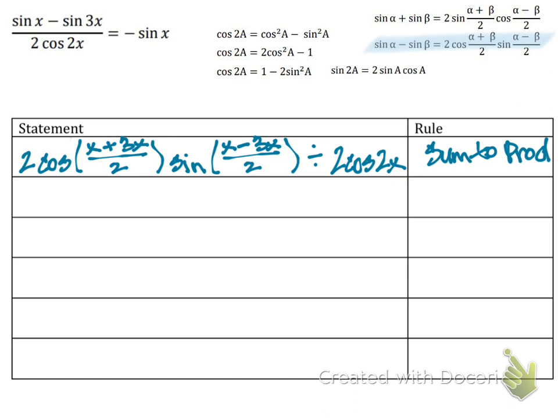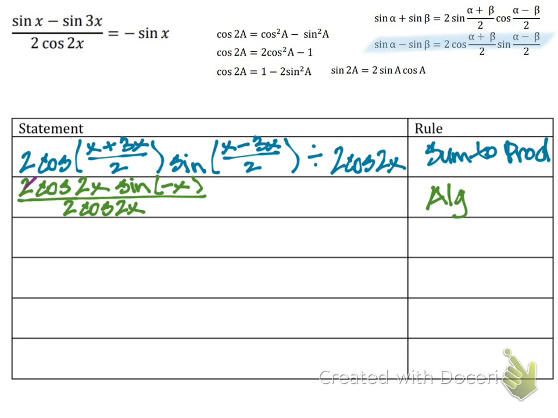Then we can clean it up, right? And we can make it 2. I'll go ahead and write it as vertical. 2 times the cosine of 2x, times the sine of negative x, all over 2 cosine 2x. And that's just algebra. And then it looks almost exactly like that last one, right?